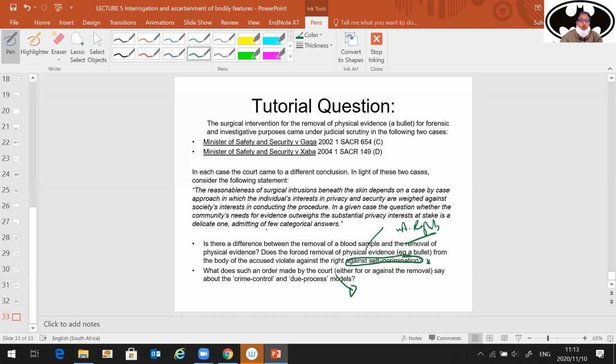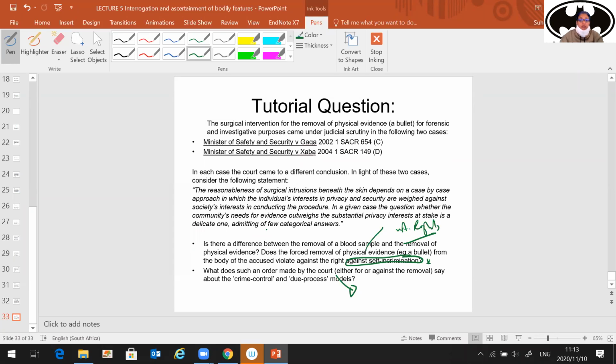Another argument that came out in the Xaba decision was that where the Criminal Procedure Act specifically legislates for blood samples, it hasn't specifically legislated for the retrieval of other physical evidence like bullets or shrapnel. There's also no clear definition of what search means.